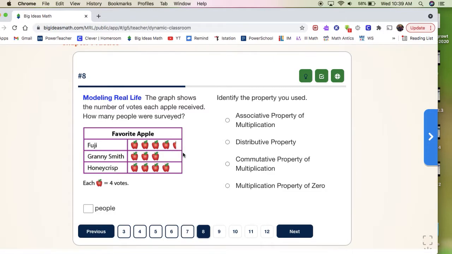Okay, so if we're talking about the Fuji apples, we could do it a couple of different ways, but it's 1, 2, 3, 4, 4.5 times 4. We could do it that way. That's 18 apples. If you notice here, it's 4, 4, 4, 4. That's 4 times 4 is 16, plus 2 more is 18. 4, 4, 4, that's 12. 4, 4, 4, 4 is 16.